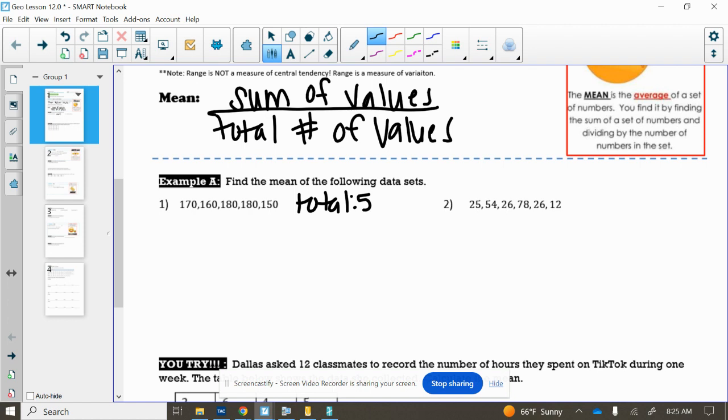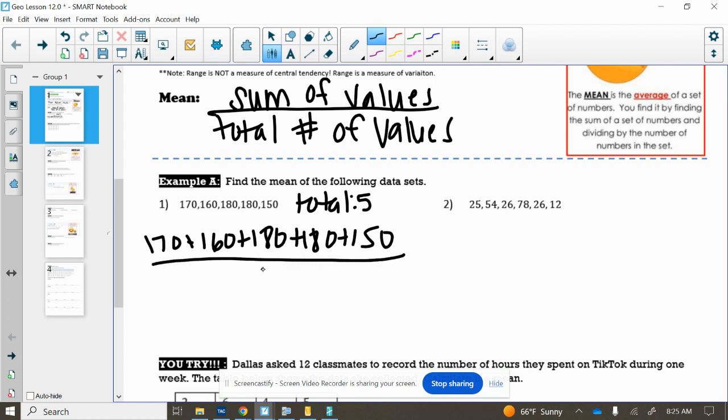So if we take these values, 170 plus 160 plus 180 plus another 180 plus 150, if you sum up all of those numbers, we are going to end up dividing that sum by 5. Well, if we add these together, we end up getting 840, and then 840 divided by 5 is 168.